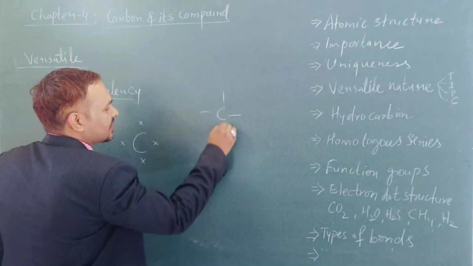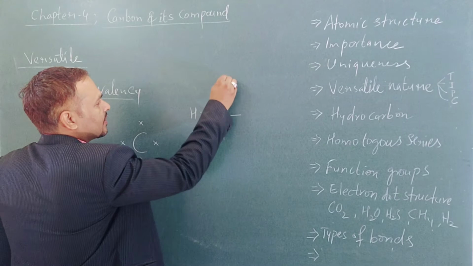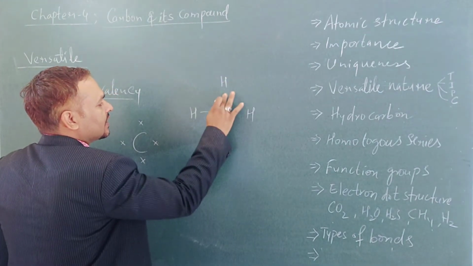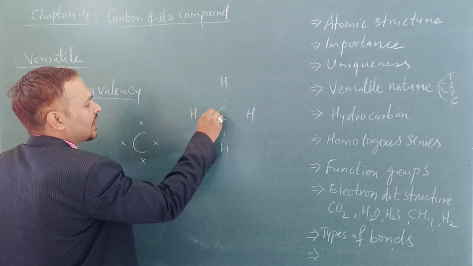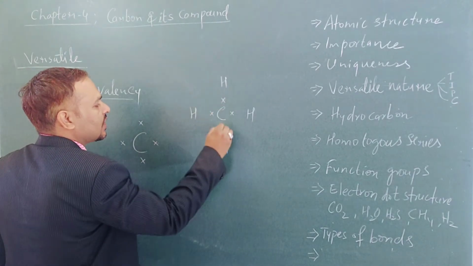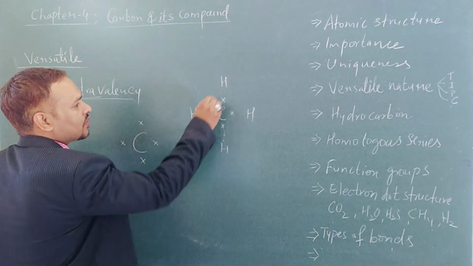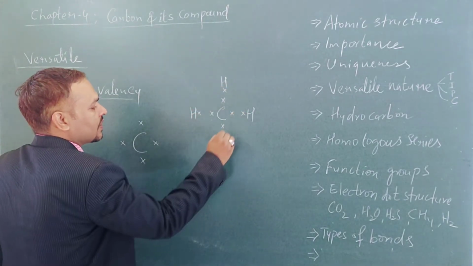This is the structure of methane. Here if you look, carbon is having 4 electrons in the outermost shell, right, and hydrogen is having 1 electron in the outermost shell.